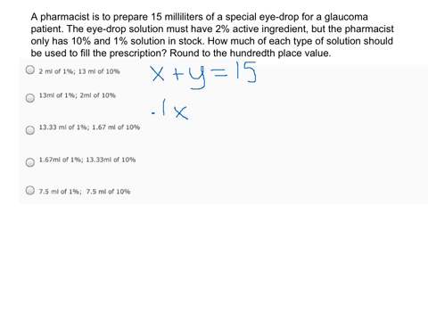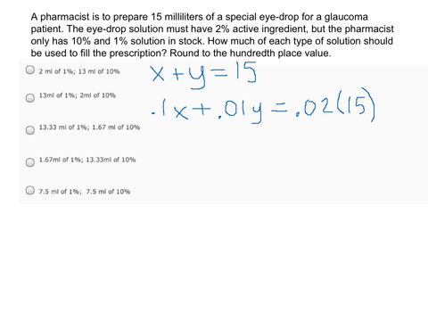So that shows us that 10% of the X solution is active ingredient. Plus, in our Y solution, we have a 1% active ingredient, or 0.01. And we know this equals the 15 milliliter amount, and we know that the total active ingredient in that one will be 2%, or 0.02.